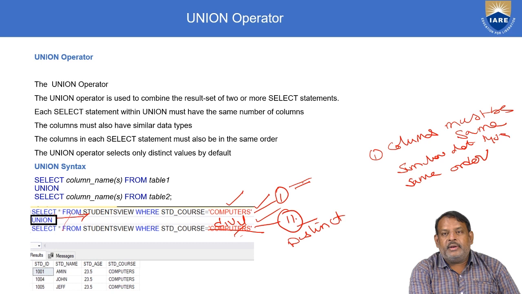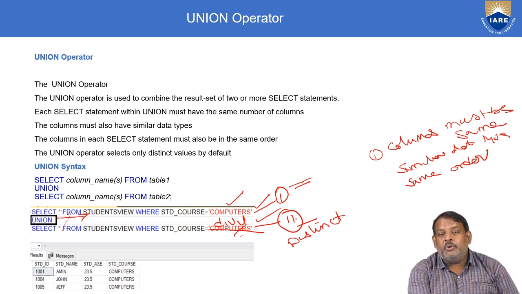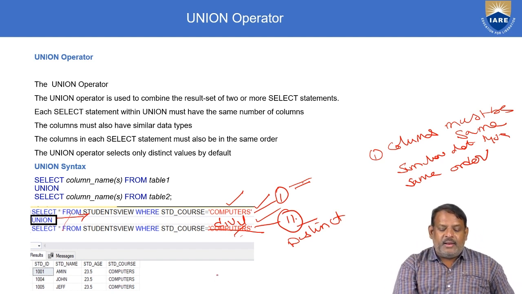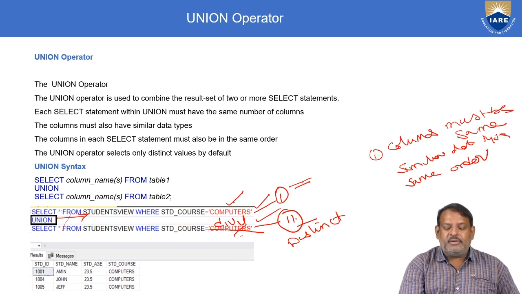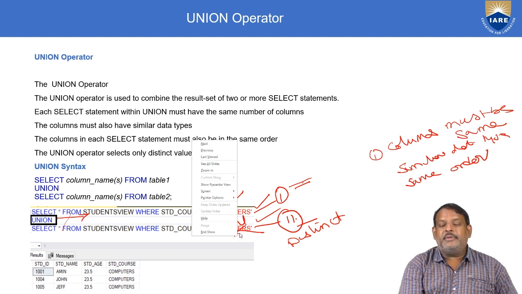The data will not be duplicated; there will be distinct values, because ideally a computer science student will not be the same as a civil engineering student. Only if the name is the same.